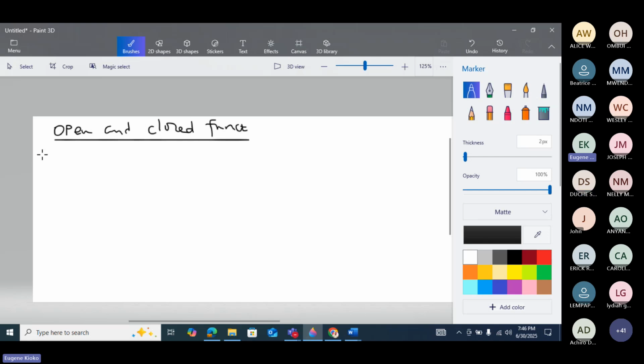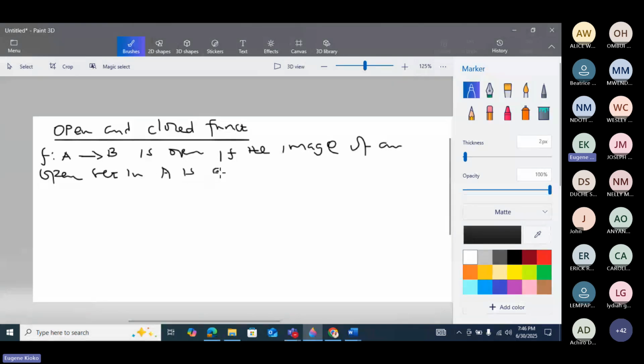Therefore, we normally say a function f from set A to set B is said to be open if the image of an open set in A is also open in B.